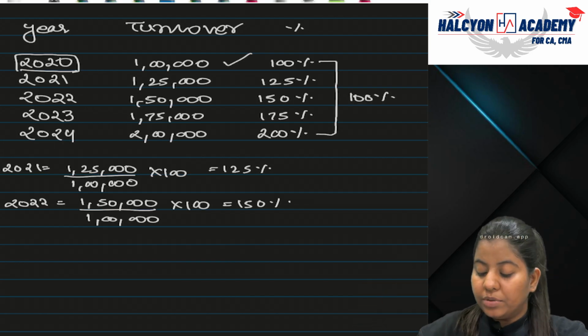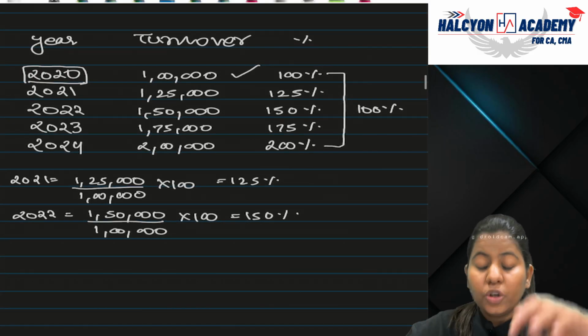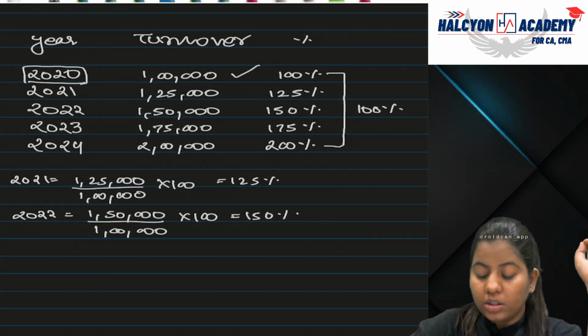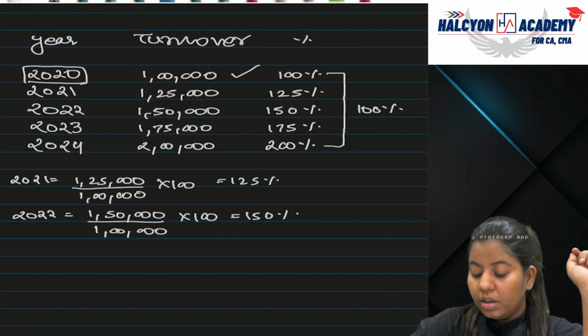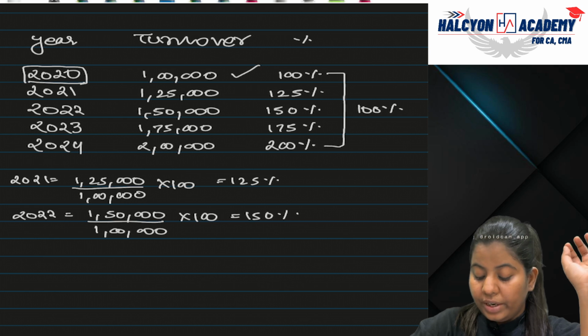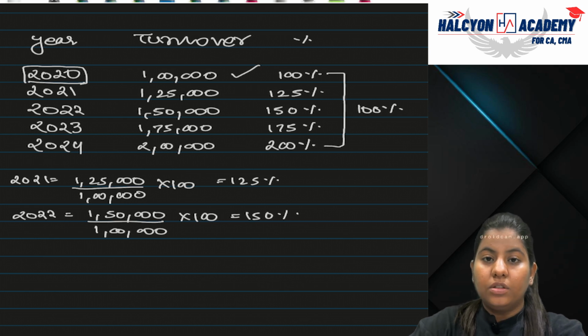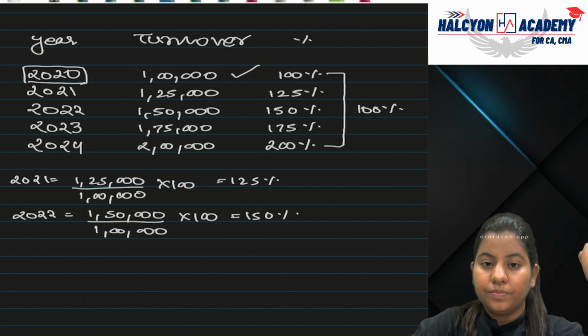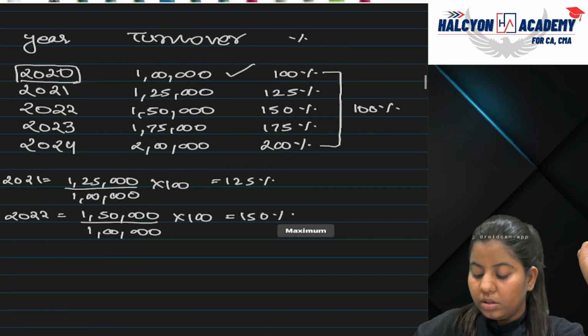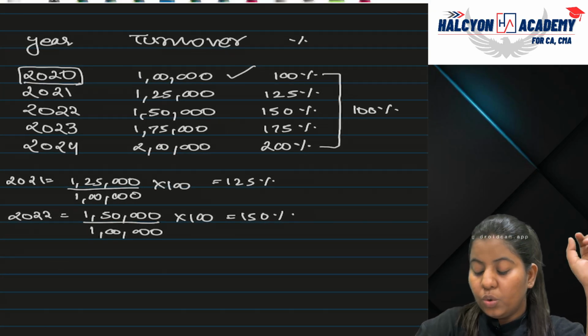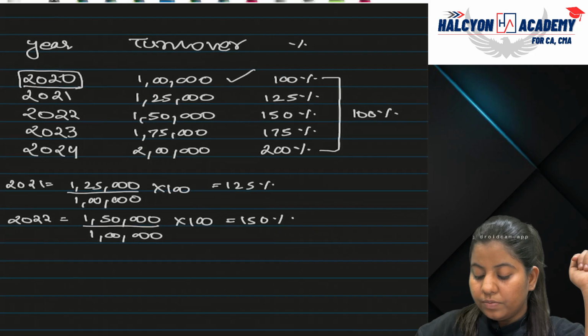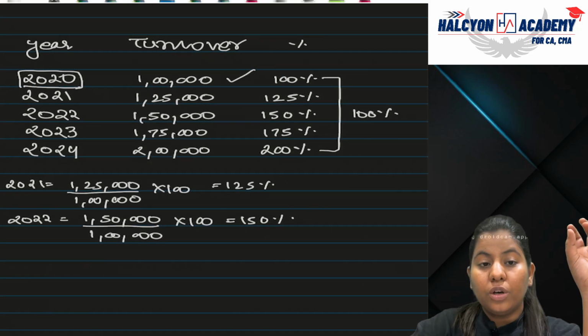So in year 2020, it was 100%. In year 2024, it is 200%. 200% means 2 times of 2020.